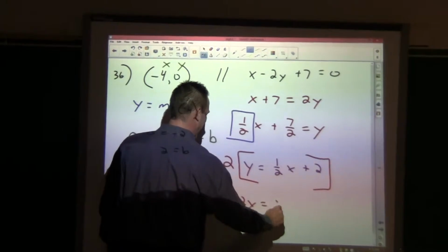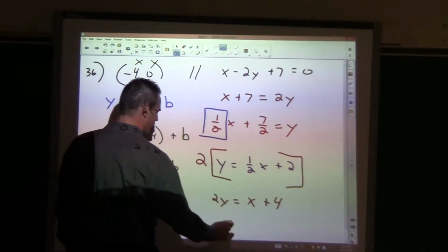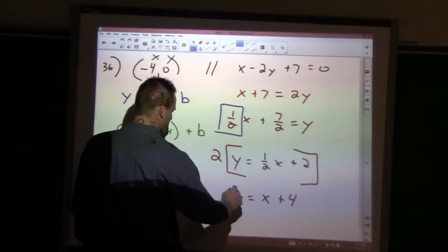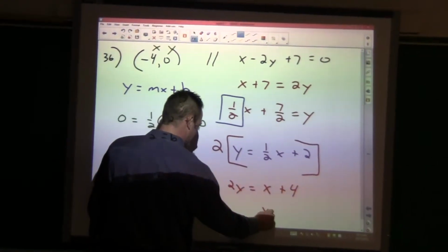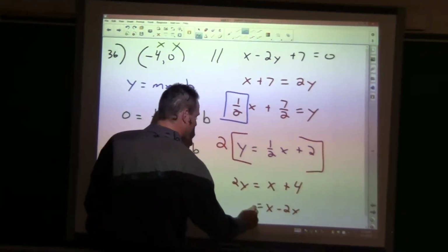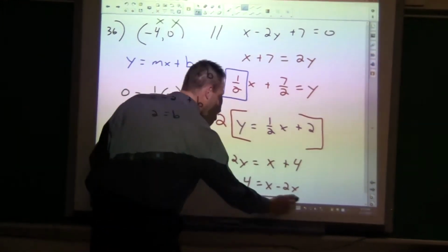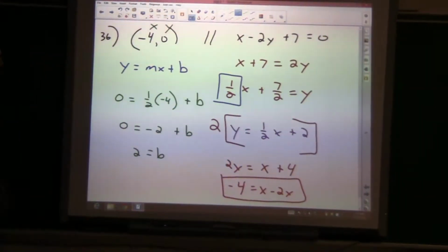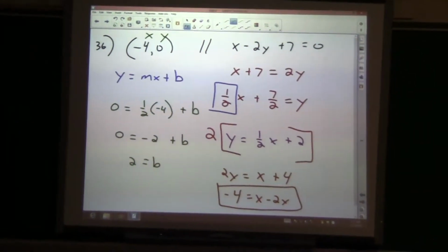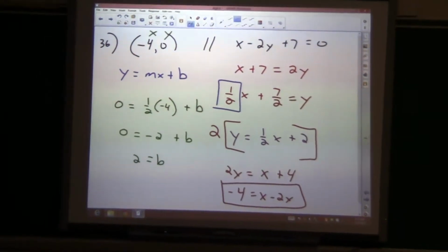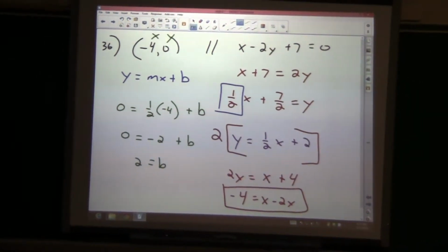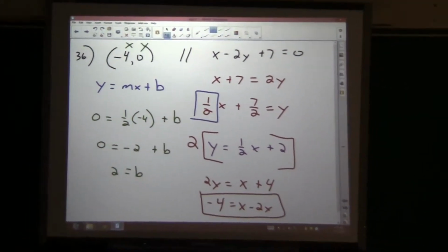2y = x + 4. Move my variables around: x - 2y on the right. -4 = x - 2y. Does anybody have any questions on how I got that?